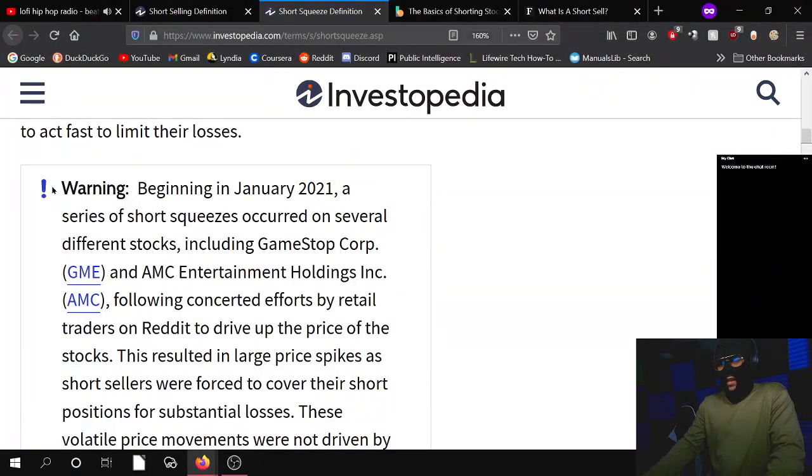Warning. Beginning in January 2021, a series of short squeezes occurred in several different stocks, including GameStop Corp, GME, and AMC Entertainment Holdings Inc, AMC.